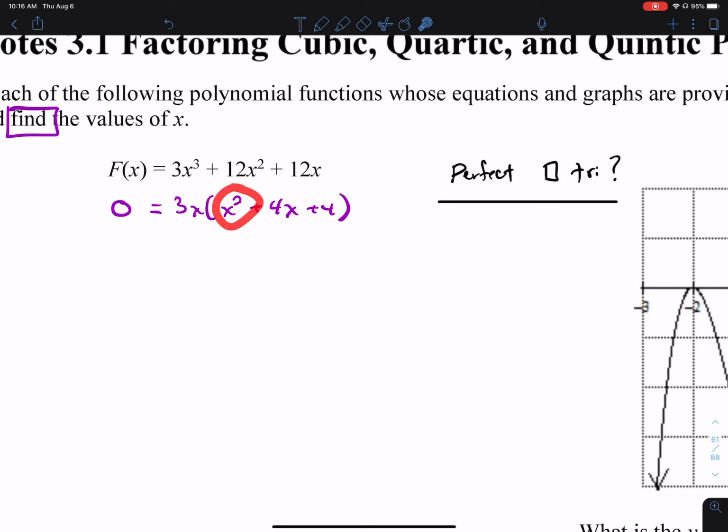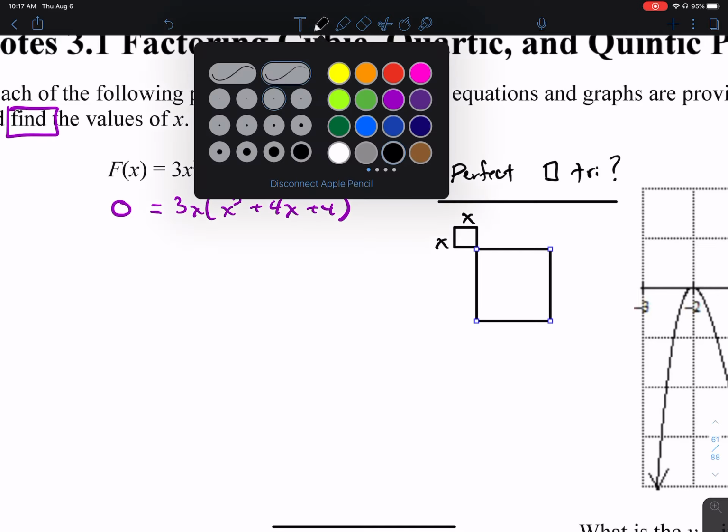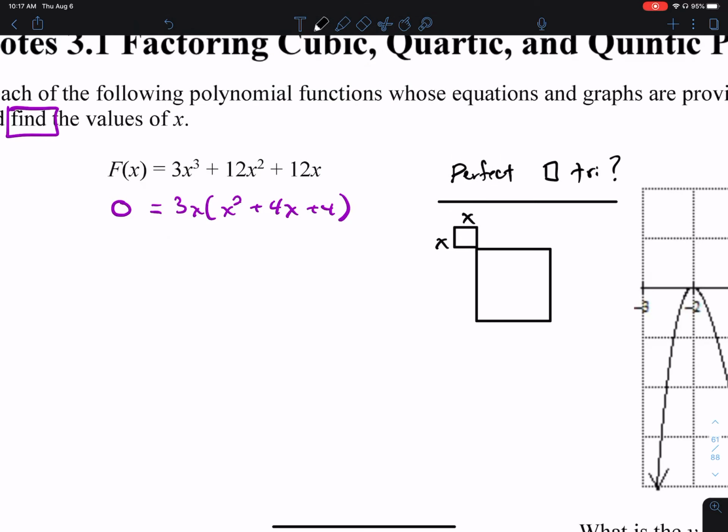If we break this x squared apart evenly, so that it's a square that's x by x, and we take this 4 and we break it apart evenly, so it's a square. If this area is x squared, this area is 4. If it's a square and its area is 4, then each dimension is going to be 2.